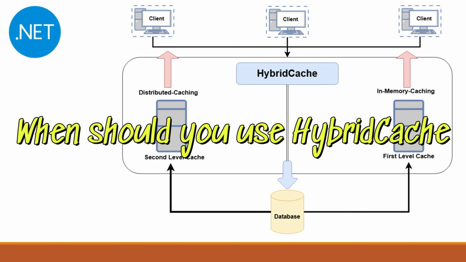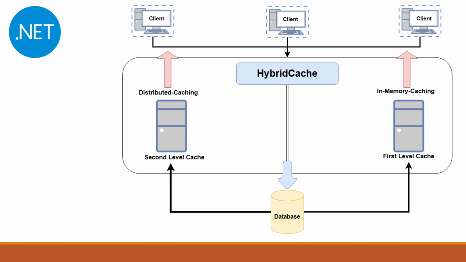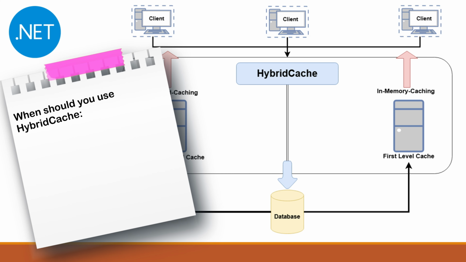Now, when should you use Hybrid Cache? It's particularly beneficial in scenarios where performance and scalability are critical. For example, in microservices architectures, Hybrid Cache ensures that shared data is accessible across multiple services seamlessly. Similarly, in web applications with heavy traffic, it helps to offload the database by serving frequently accessed data quickly.